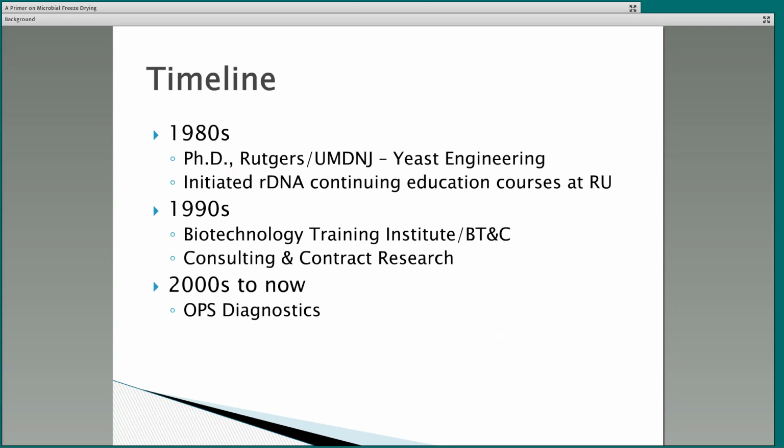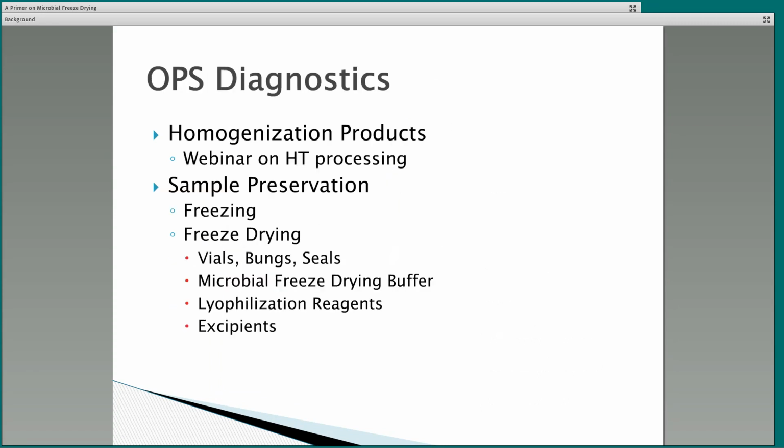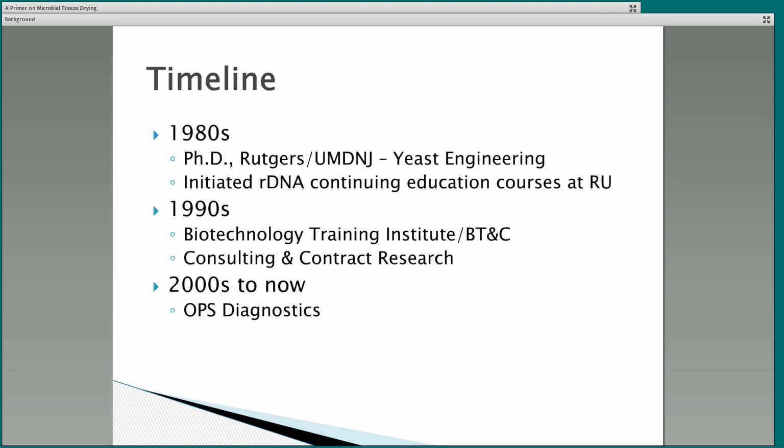Okay, quick timeline. In the 80s, I got my PhD at Rutgers UMDNJ, really working with yeast and genetically engineering it, starting pretty much around 84 when genetic engineering was still pretty young. At that time, I also initiated a bunch of recombinant DNA training courses at Rutgers, which I carried into the 1990s when I set up a training center for doing just that.